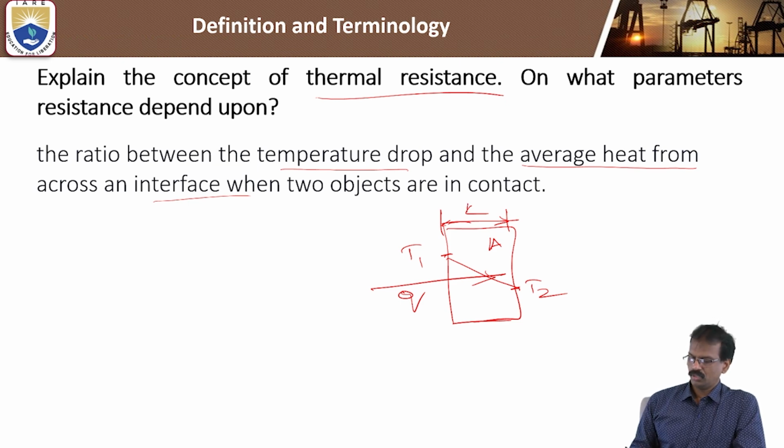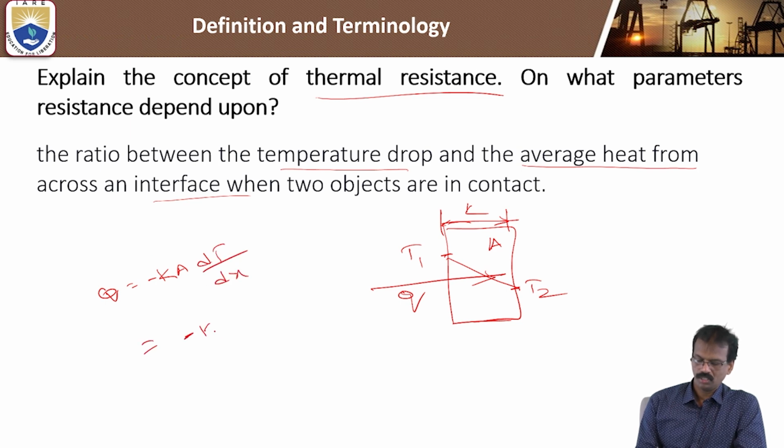Here you can see the rate of heat transfer and thermal resistance. According to Fourier's law, Q is equal to minus K A into dT by dx.